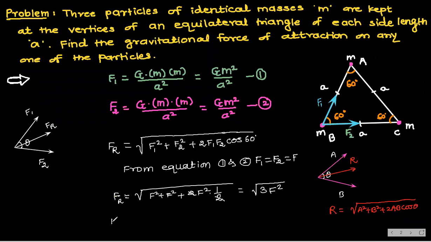Now Fr is equal to what you will get? Root 3 f. Yes, sir. And this is equal to root 3 into Gm square divided by a square. Is that clear? Understood? Any doubt, please ask.